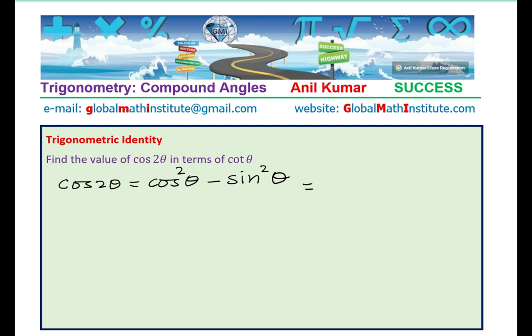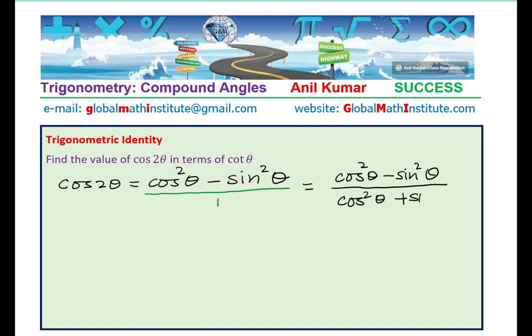So we could also write this as cos square theta minus sin square theta divided by, you can think of it like dividing by 1 doesn't make a difference, right? And what is 1? In trigonometry, we know 1 is cos square theta plus sin square theta. Makes sense, right? So there we go. We get cos square theta minus sin square theta in the numerator, cos square theta plus sin square theta in the denominator.